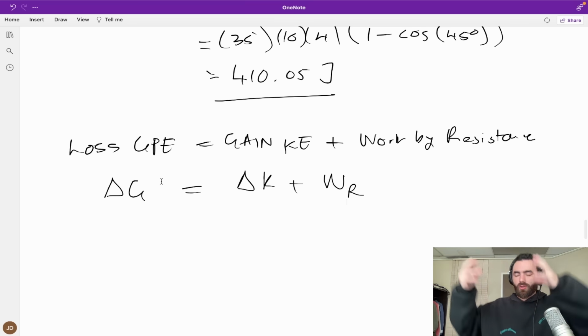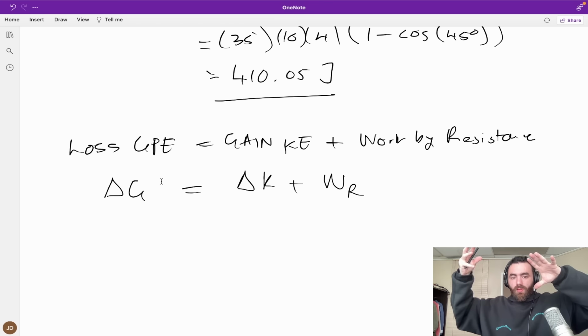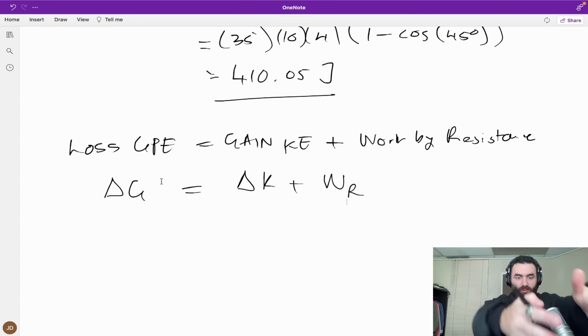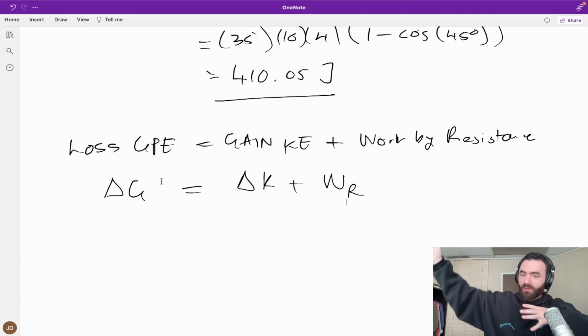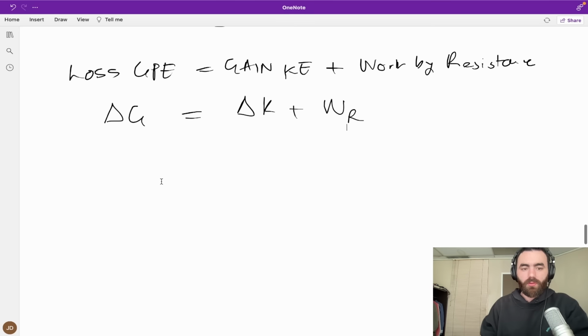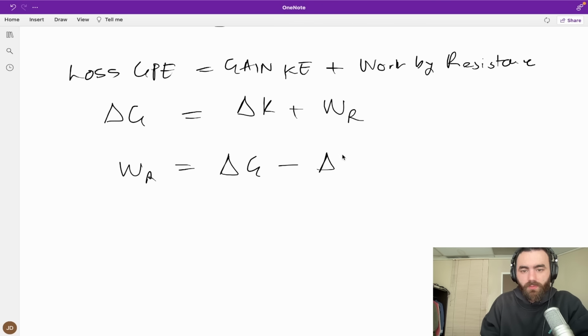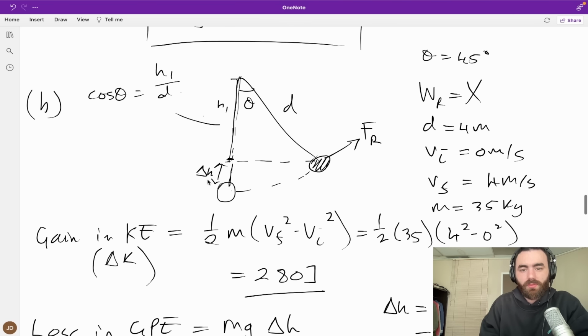That makes sense. You've got this gravitational energy and you're losing it, and it's being transformed into kinetic energy and being used up by the resistance force acting on that object. The difference between these two is going to be the work done against the resistance.